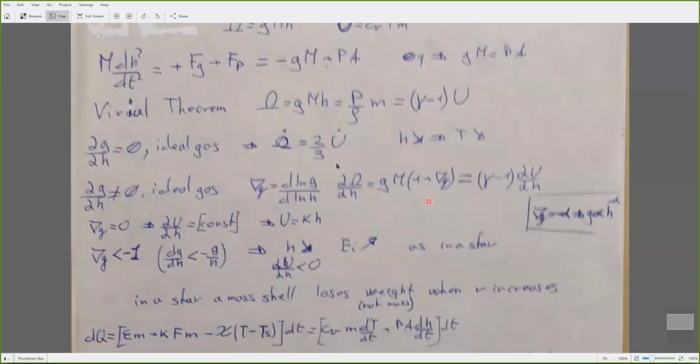We can calculate the virial theorem for this model, in this way. The potential, in this case, you see the pressure over G prime is the pressure divided by the surface, so pressure divided by the volume, and the volume can be changed into M divided by density. So we have the pressure divided by density, which can be brought into a relation with internal energy.